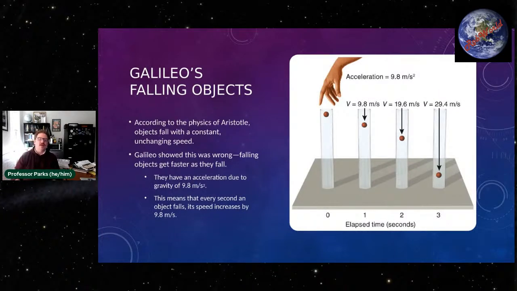As I mentioned before, Galileo illustrated through his experiments, both the inclined plane and the pendulum, that the downward acceleration of an object is irrespective of mass. It is 9.8 meters per second squared, approximately, regardless of the mass of the object. It could be a semi-truck or it could be a feather.